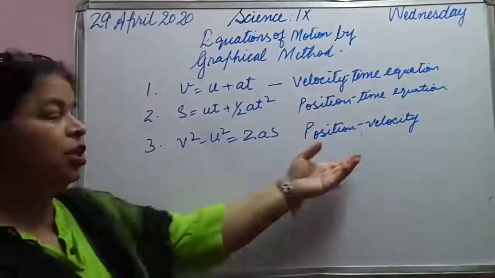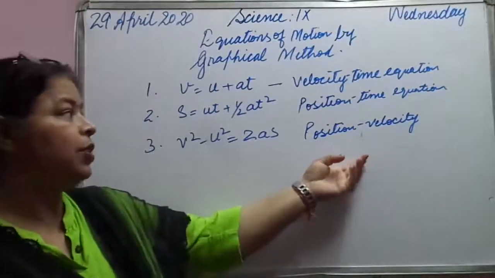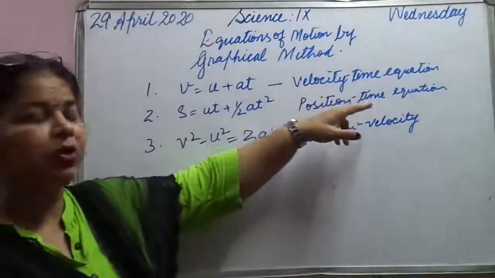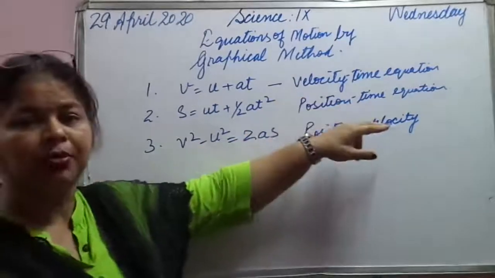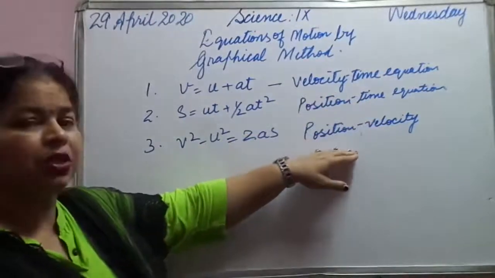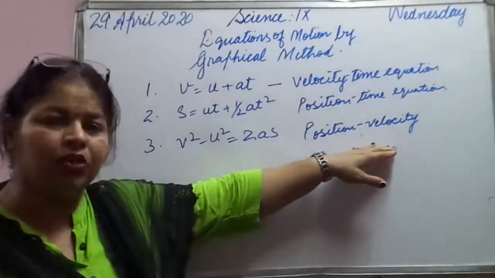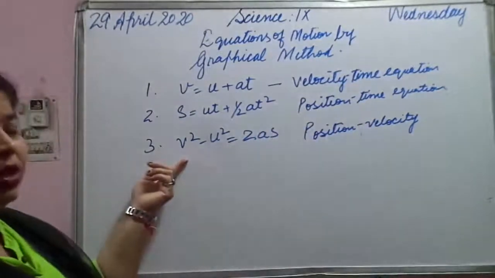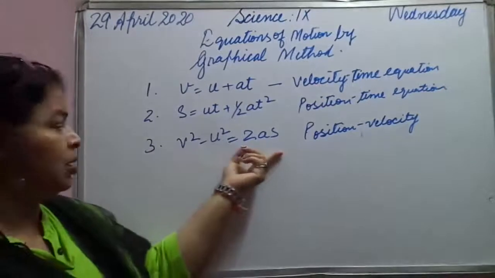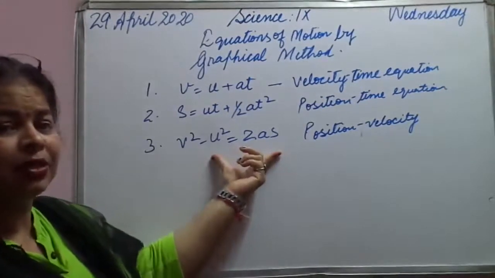This is very important, you have to note it down. The first one is the velocity time equation, the second is the position time equation, and the third shows the relation between position and velocity.